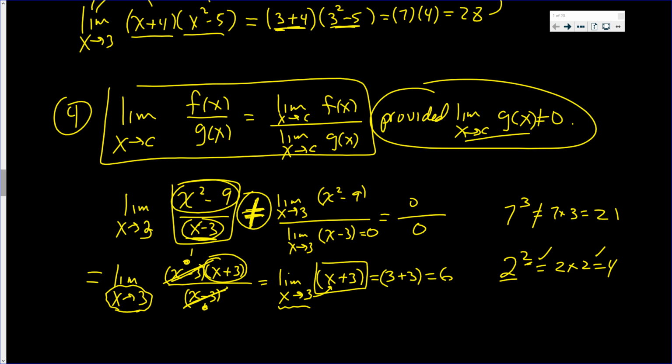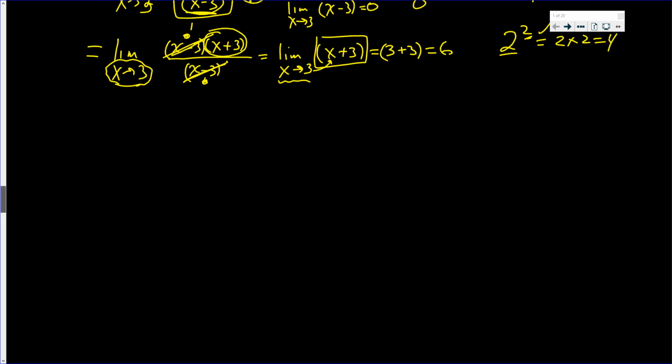Now, let us talk about another limit rule. What happens as x approaches a number, say c, of a constant? So that's the function: f of x is equal to a constant.